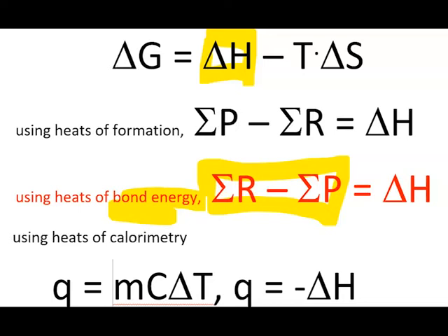Same thing, if you had 3 moles of a compound, you might think you need to multiply it by 3. But if it's something like water, well, water has 2 OH bonds, and therefore, if you had a coefficient of 3, there'd be 2 in the compound, 3 moles, and therefore you'd multiply it by 6. So you do have to take into account that. But that's another way we could come up with delta H.